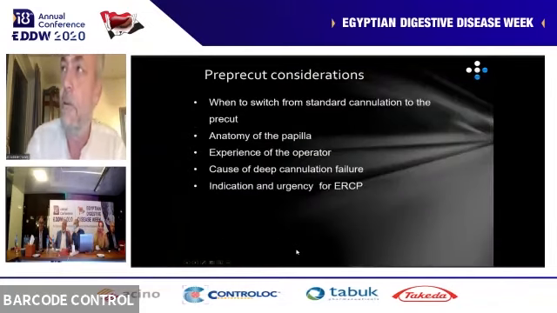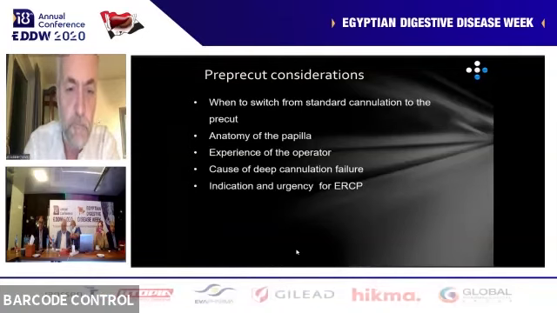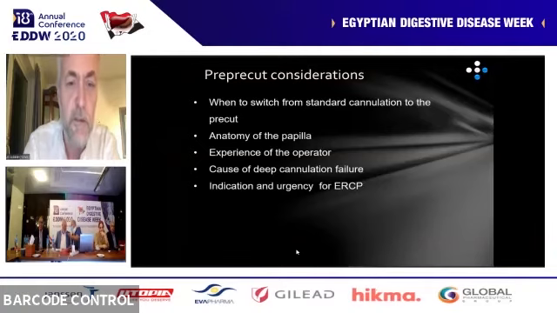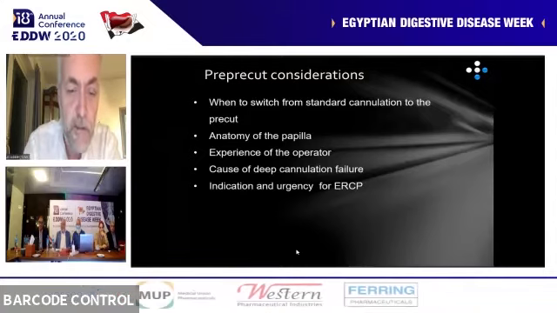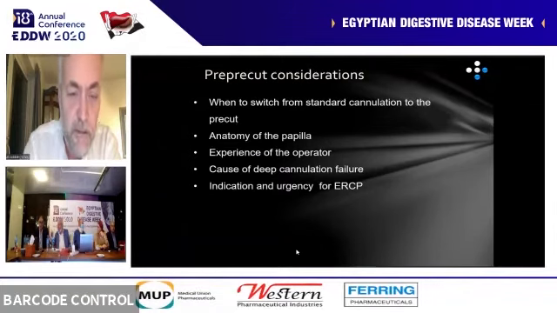So before even considering doing a pre-cut, you should have thought about these things. When to switch, how long should you try before changing? The anatomy of the papilla matters, because if it's a very small, very flat papilla, then the risk of a pre-cut is higher. The experience of the operator obviously matters.